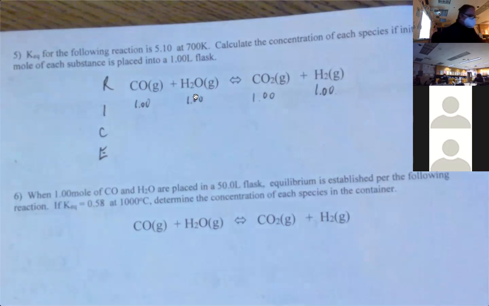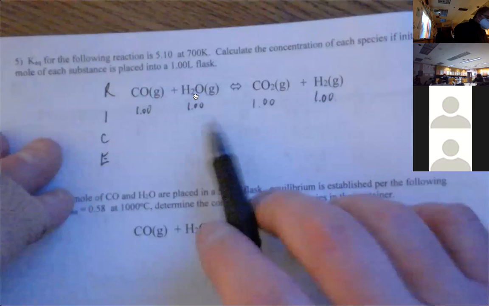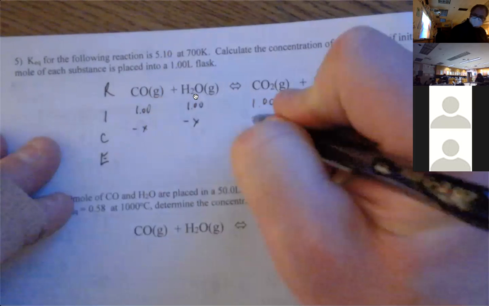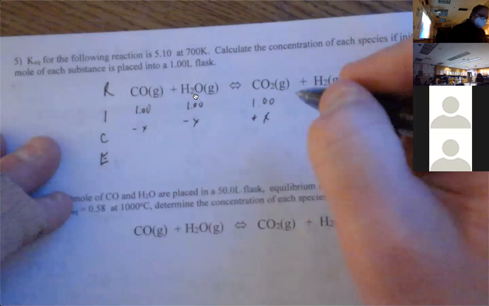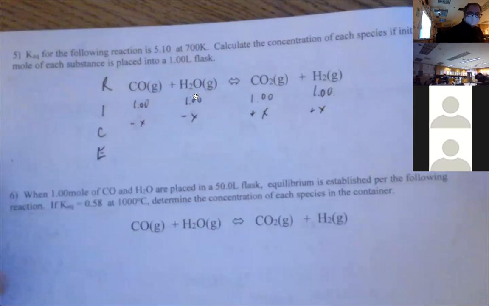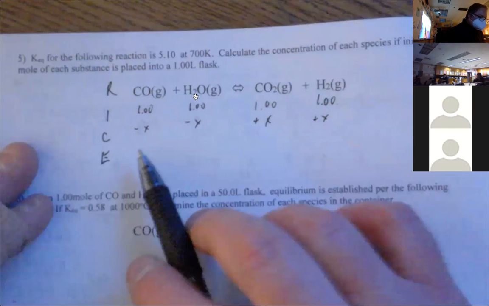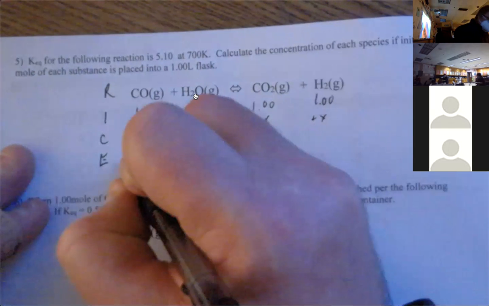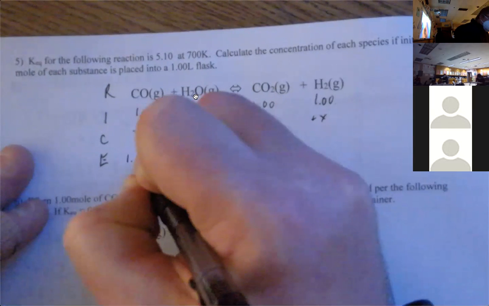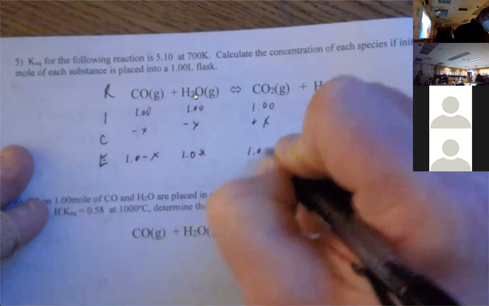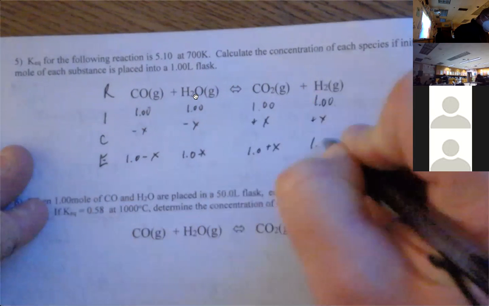That means that we will lose minus x, and we will gain plus x and plus x, right? And then on here, we have 1.0 minus x, 1.0 minus x, 1.0 plus x, 1.0 plus x.